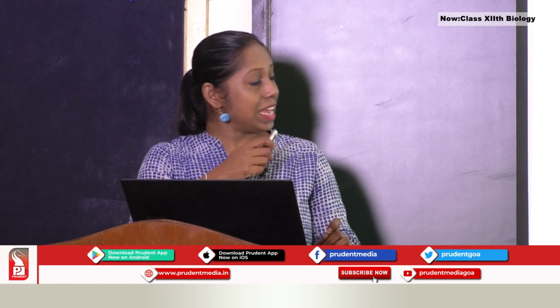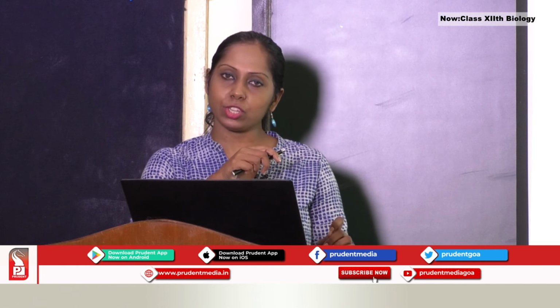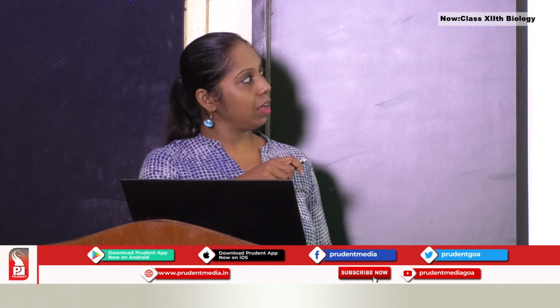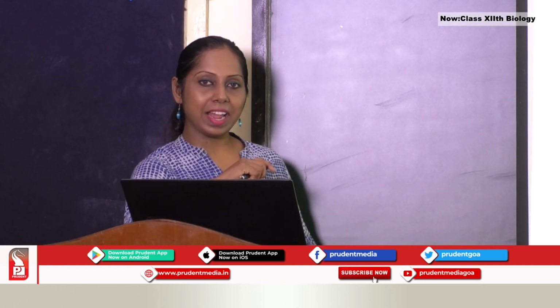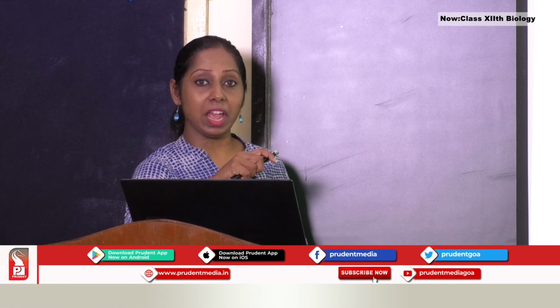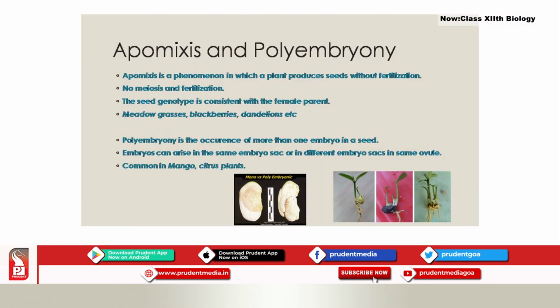But in apomictic plants, which undergo apomixis, the diploid megaspore mother cell does not undergo meiosis. It transforms directly into the diploid embryo sac, and you will have seeds formed directly without fertilization.